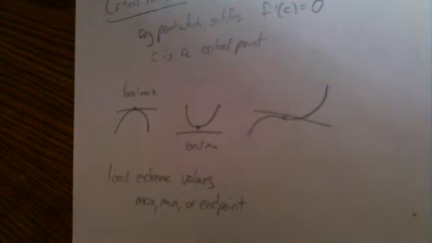So I'm going to draw a graph, and we're going to just identify what it looks like to have a local max, a local min, or endpoints. So let's say we have a graph of a function which looks like that. Let's call this point A. Let's call this point B. So the critical points in this case would be here, here, and here.